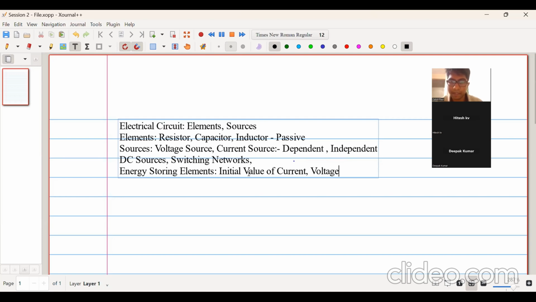Then we also have to consider the final steady state value, either of the current or the voltage. So these are some things we will look into in this session.